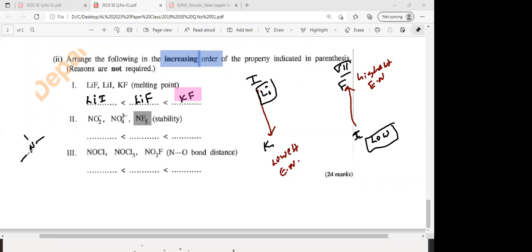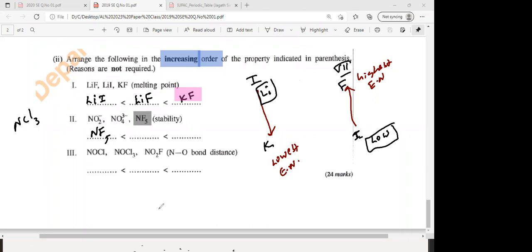Remember NCl3 or NF3 is possible but not NF5, because nitrogen cannot have an expanded octet. Therefore the least stable one is NF5.